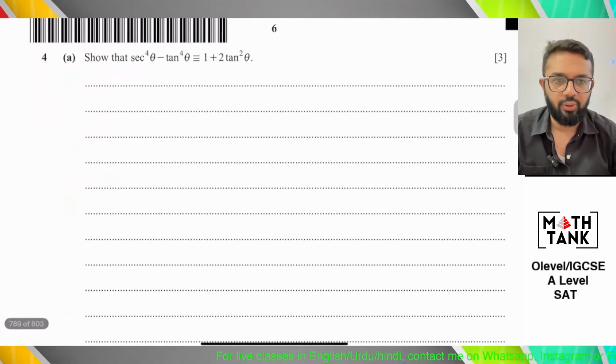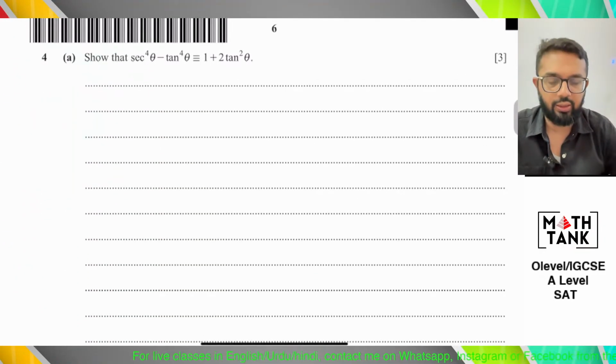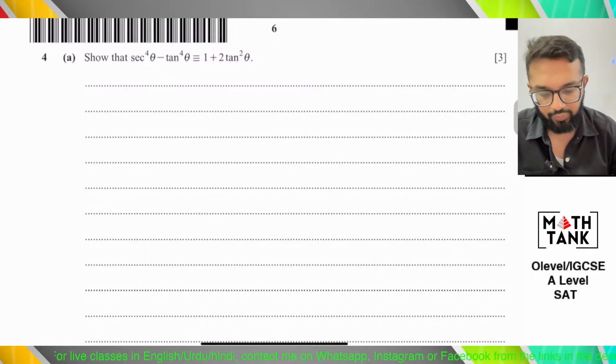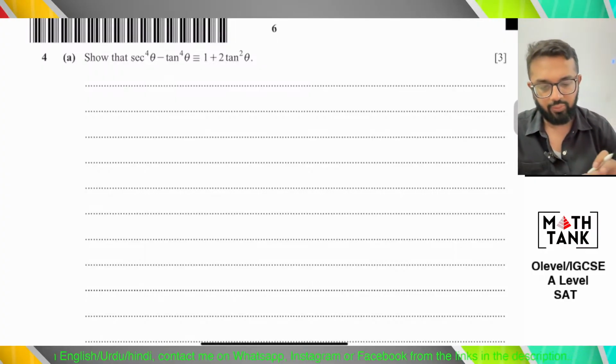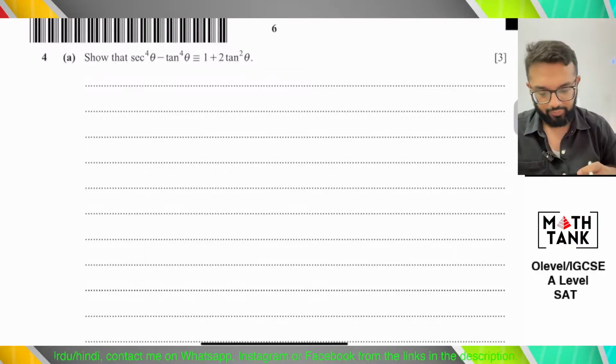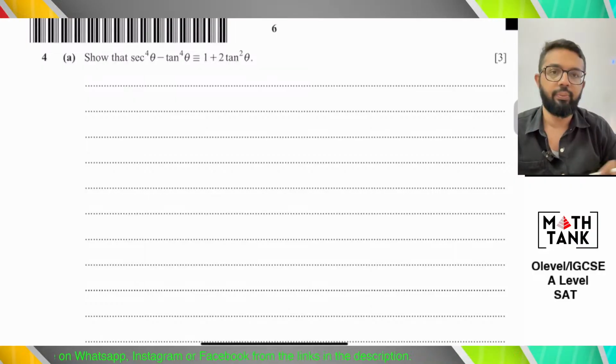Okay, question number 3 says show that sec power 4 theta minus tan power 4 theta equals 1 plus 2 tan square theta.